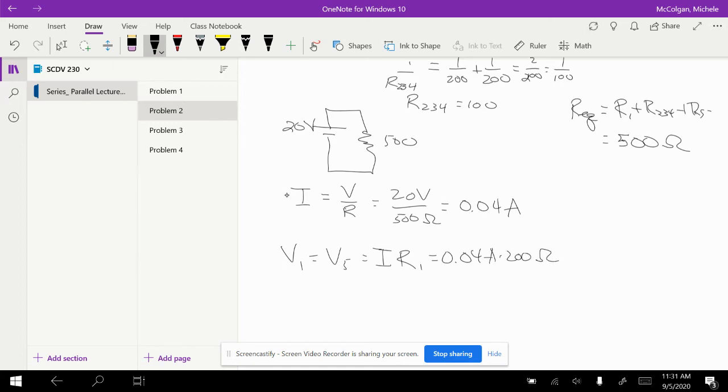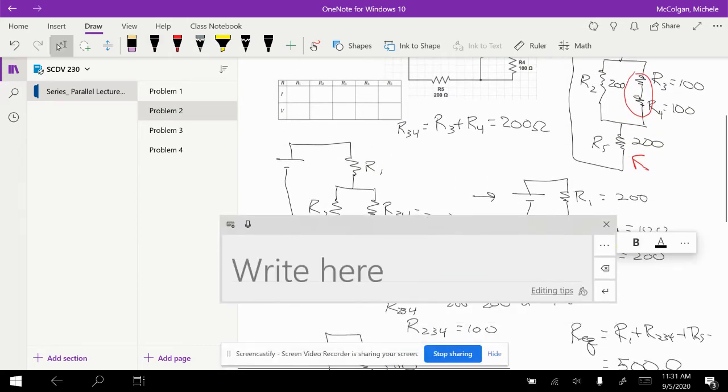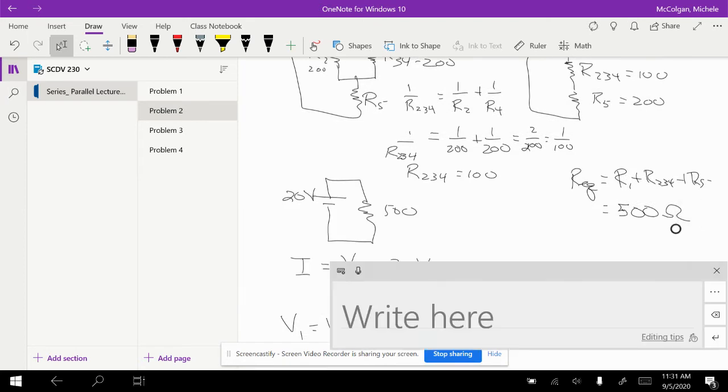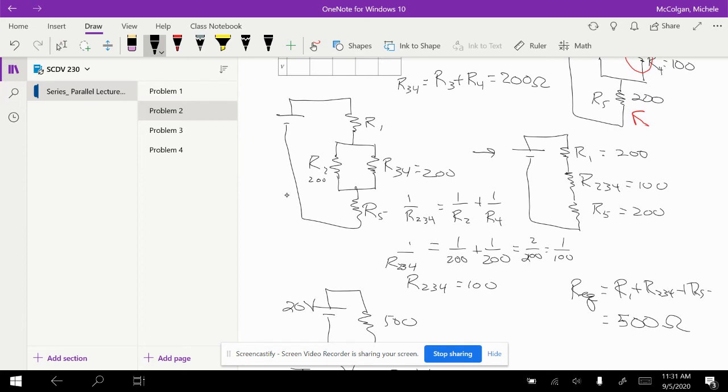And so V1 and V5 are equal to 8 volts. So just looking back at my voltage divider right here, that means I have 8 volts dropped across here. I have 8 volts dropped across here, and there's 20 volts here. So that tells me that here I must have 4 volts.